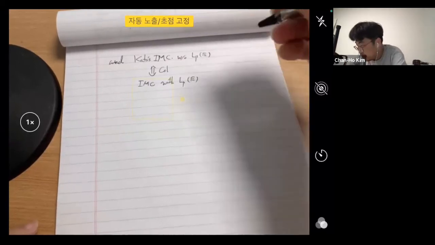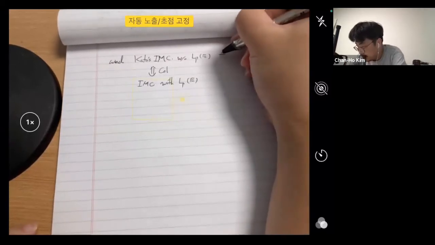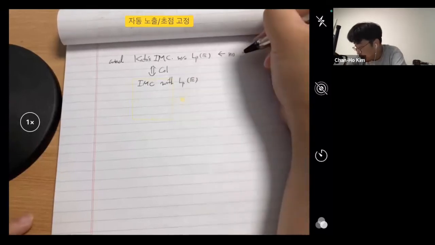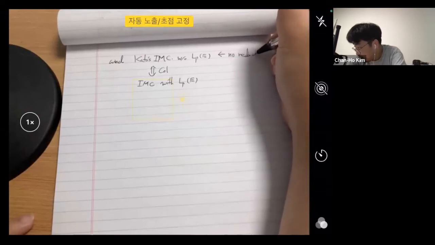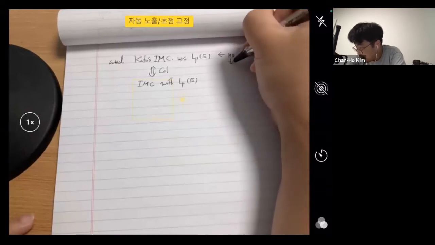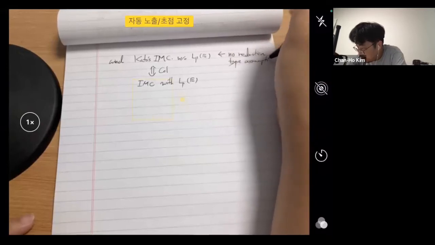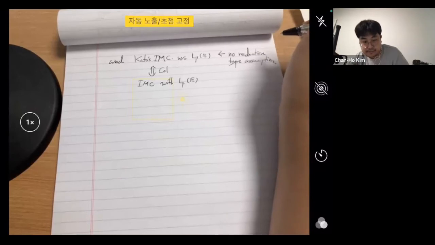And one good thing about Kato's Euler system, Kato's Iwasawa main conjecture, is that there is no restriction on the reduction type. So no reduction type assumption. And we will see this later.